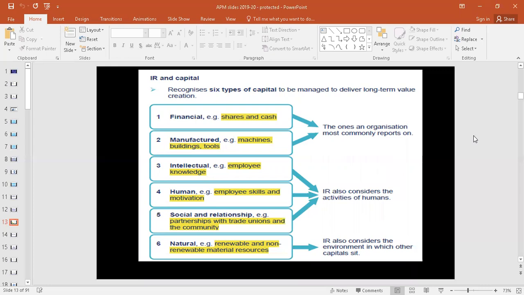Second, manufactured capital. In simple terms, we can put this as property, plant, and equipment. So anything which is helpful in the production of the products. Example, machines, buildings, and tools.